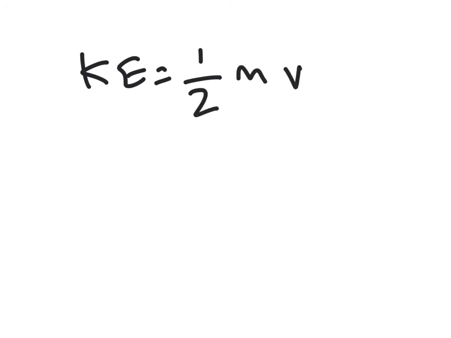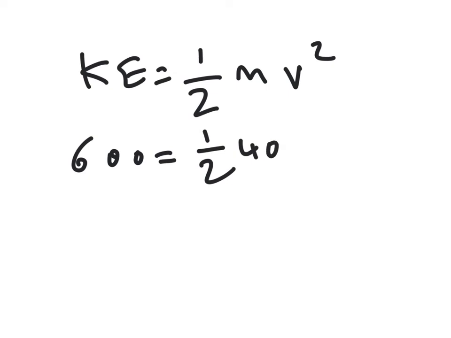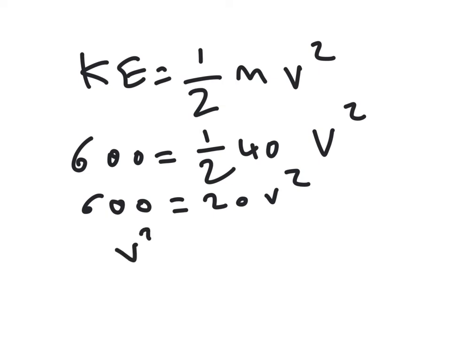Okay, so again, kinetic energy is equal to 1/2 mv squared. 600 is equal to 1/2 40 times v squared. 1/2 40 is 20, so I'm going to do this slowly for you. So 20 v squared, divide both sides by 20, so v squared is equal to 600 over 20. 600 over 20 is going to be 30.